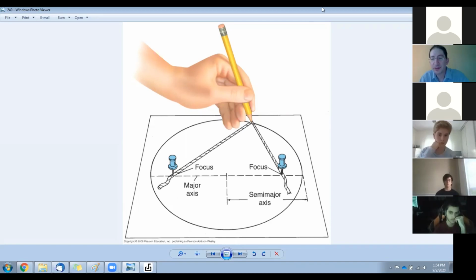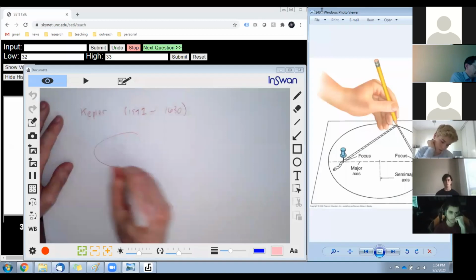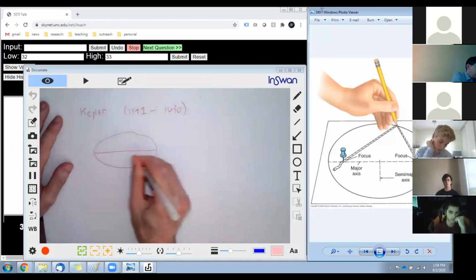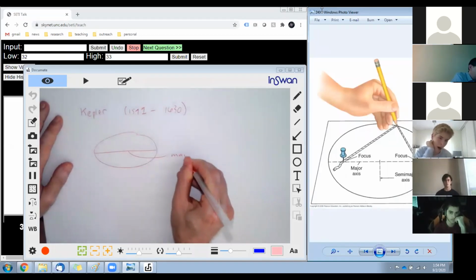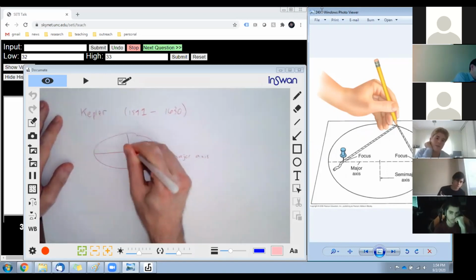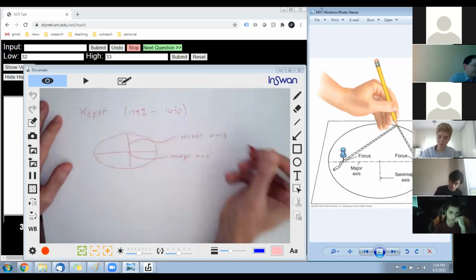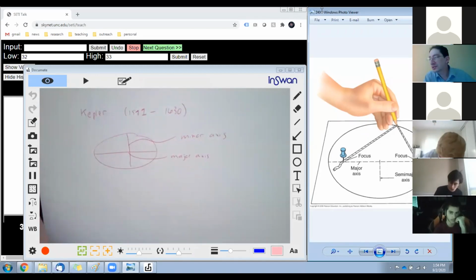So let's just write down the terms because we're going to use them a lot. You have an ellipse, you have this axis, this is called the major axis. This little one here is called the minor axis. Although these are mathematical terms, we don't really use these in astronomy. We use two other terms.